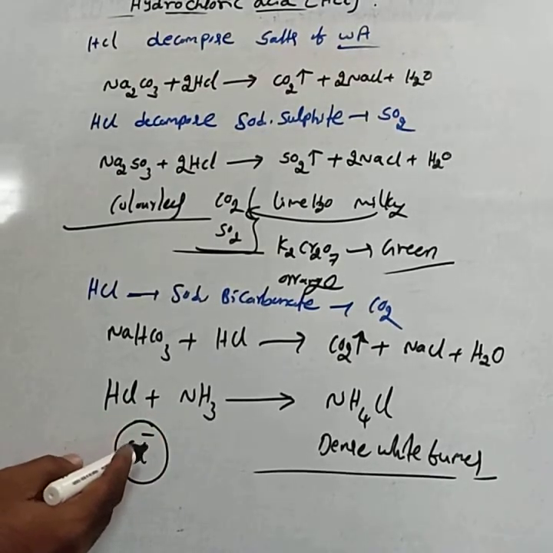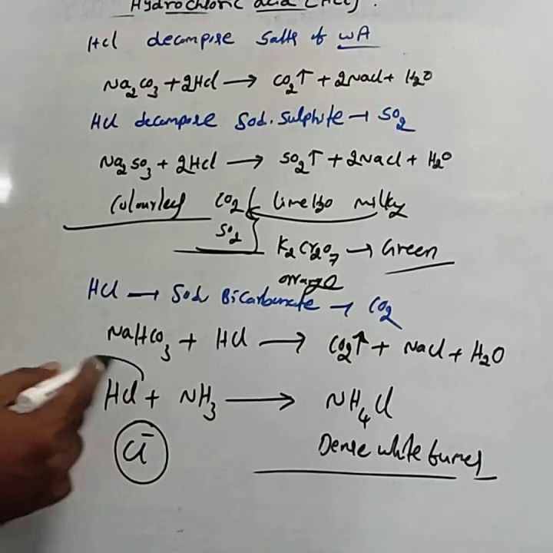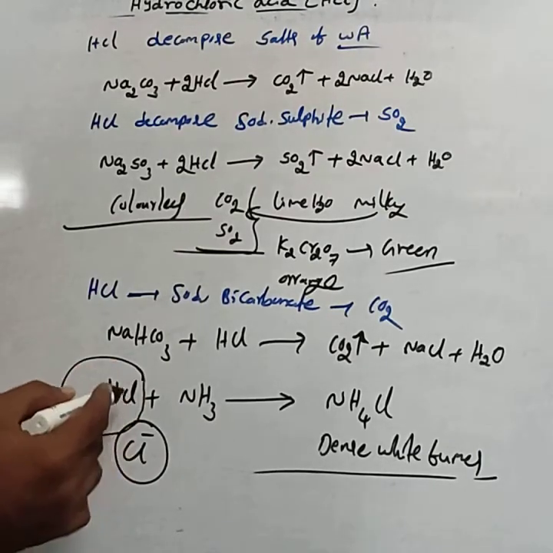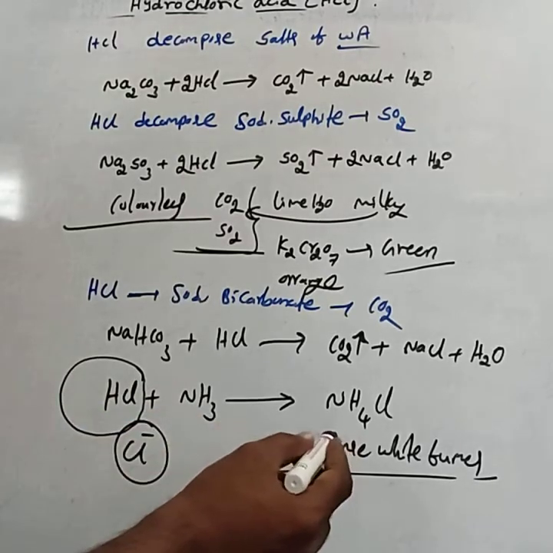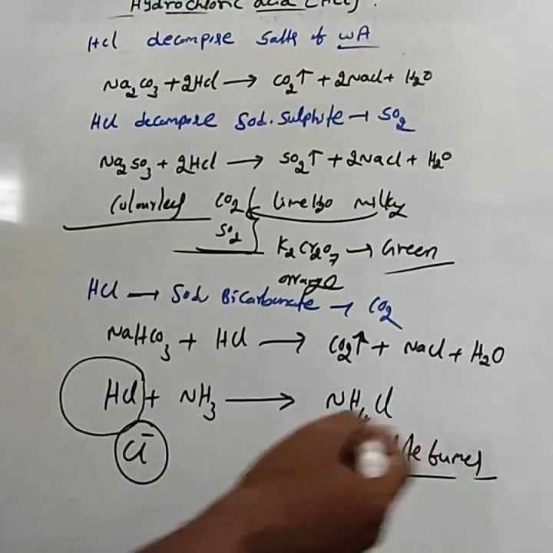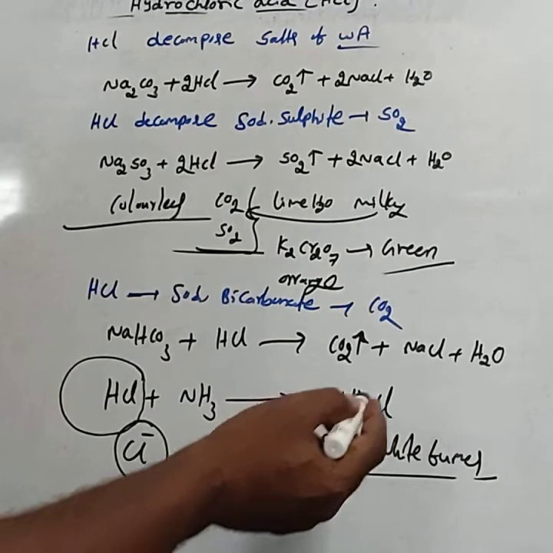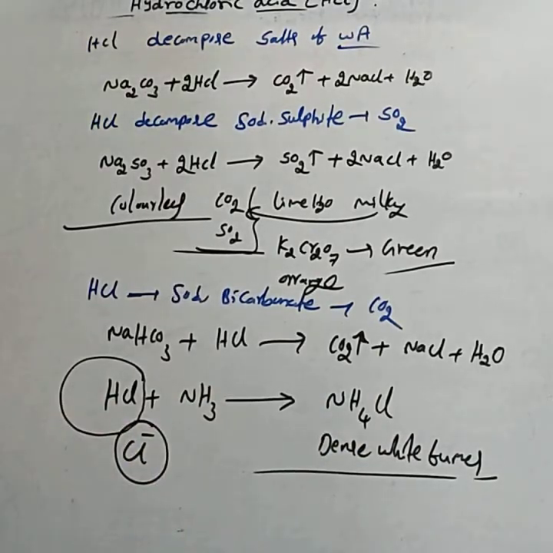To the salt, if you add concentrated H2SO4, you get a colorless gas, that is HCl. To that colorless gas, expose a glass rod dipped in ammonium hydroxide. We can observe dense white fumes, due to the formation of ammonium chloride.